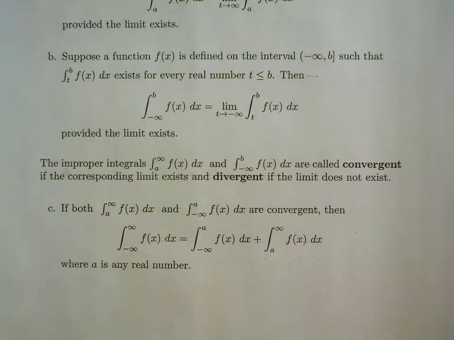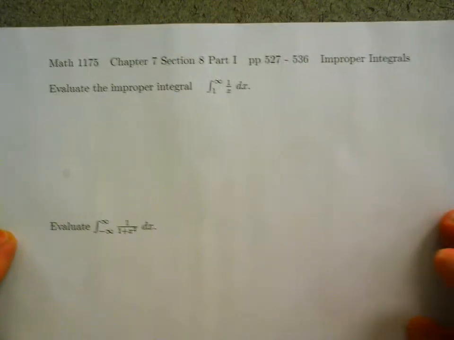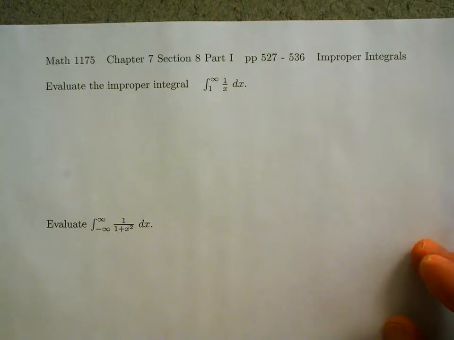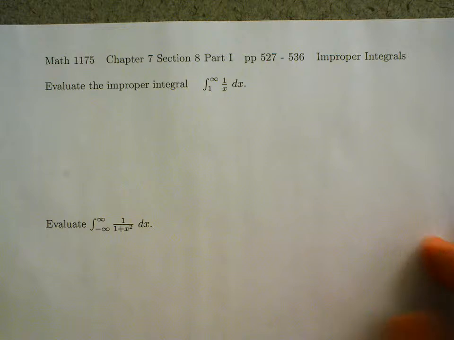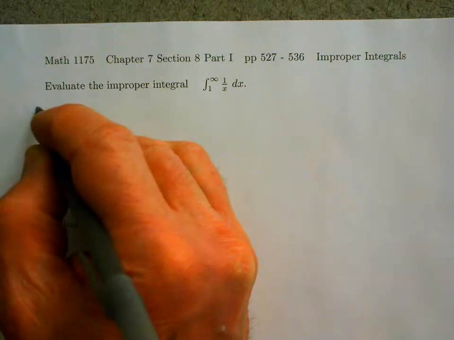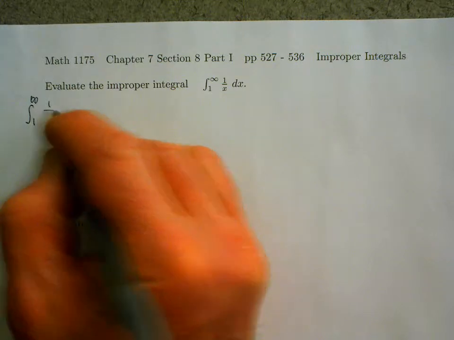Okay, let's look at a couple of examples. So the first one, evaluate the improper integral of 1 over x dx from 1 to infinity. Okay, so I'll rewrite it. The improper integral from 1 to infinity of 1 over x dx.